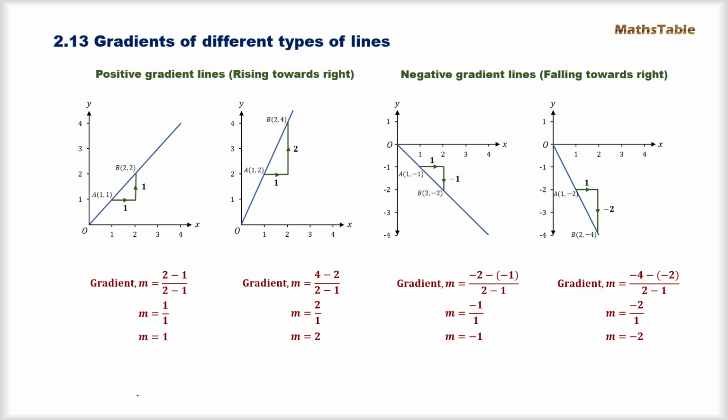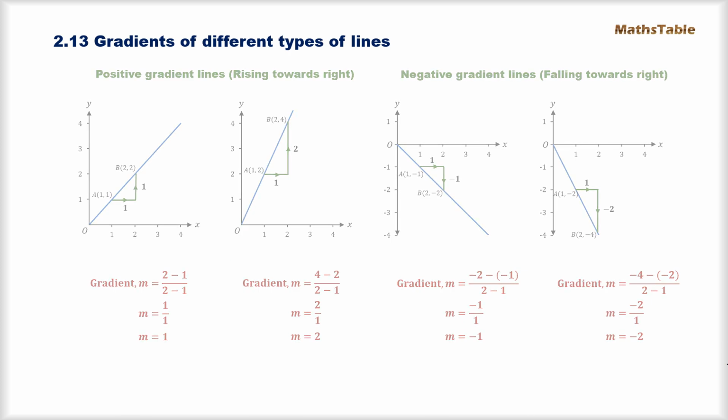So when comparing all these four lines, to summarize, we get one conclusion that the numerical value of the gradients tells us the steepness of the lines, and the sign of the gradients, whether positive or negative, tells us the direction of the line, whether the lines are rising type or the falling type. So this is about the positive and negative gradient lines.